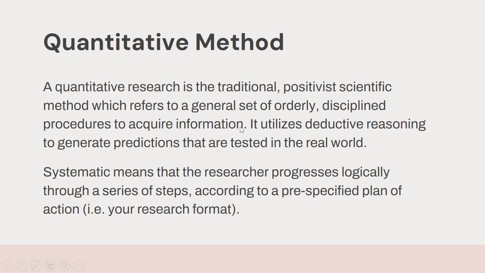Per order yung paggawa natin. It utilizes deductive reasoning to generate predictions that are tested in the real world. So systematic means that the researcher progresses logically through a series of steps according to a pre-specified plan of action. Yung format niyo. Okay?